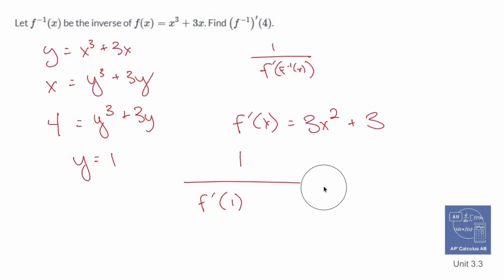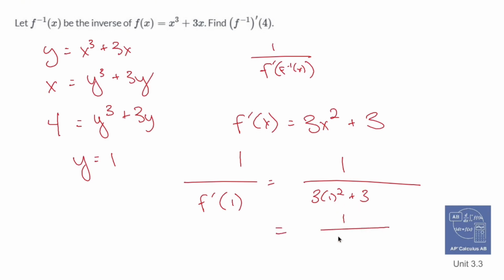It's 1 over 3 times 1 squared plus 3, which is 1 over 3 plus 3, so 1/6. Kind of a gross problem. Inverses aren't a lot of fun when you deal with this stuff, but that's what you get.